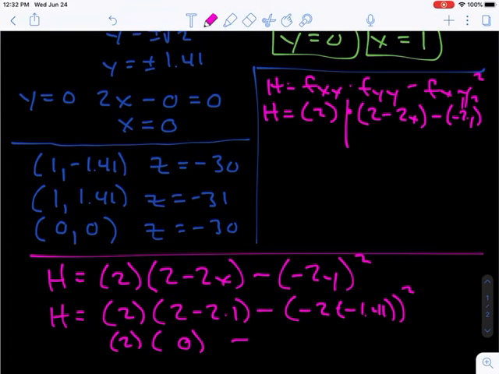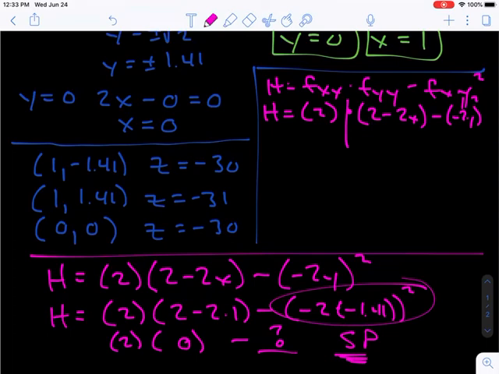Squared is positive, and then minus, that's going to be some number, but it's going to be negative. And if the Hessian is negative, that tells me we have a saddle point. That's all I really need to know.